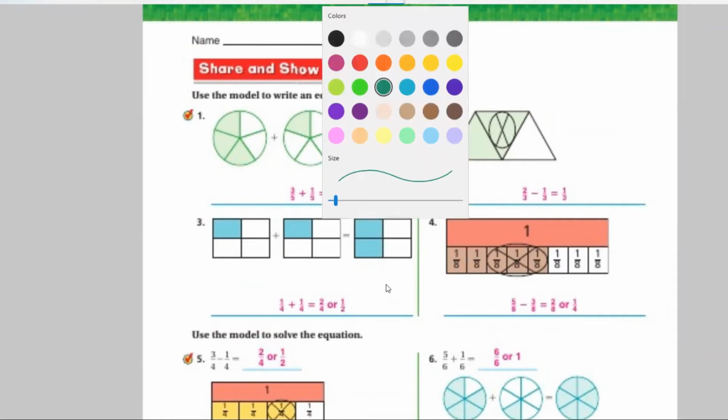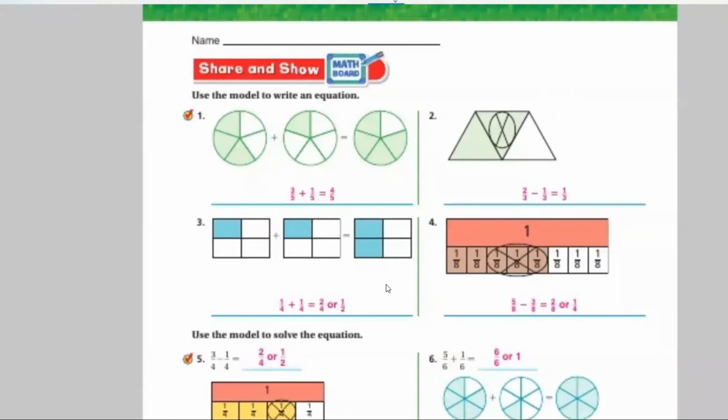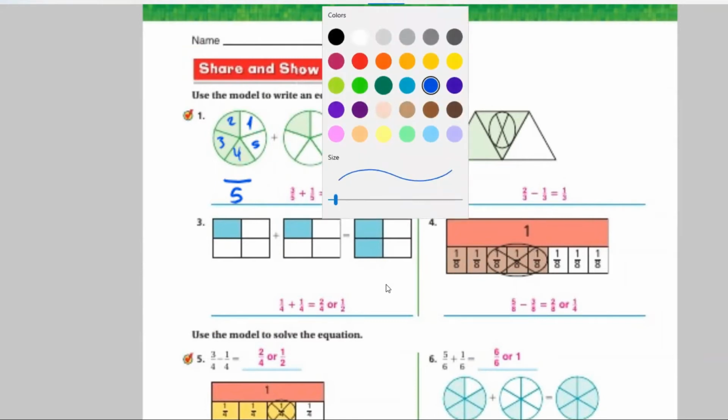Firstly, let's write the fraction of the first model. In the first model we have 1, 2, 3, 4, 5, right? So it will be 5 down there. And how many boards here are shaded? Let's see.